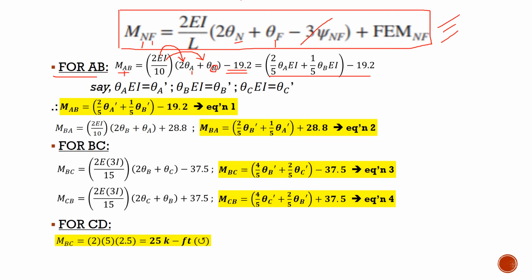To make the solution easier and avoid the clutter of EI, we let theta A EI be theta A prime, and the same with theta B EI as theta B prime, and likewise for C. This eliminates the EI. Simplifying the equation, you have this equation for AB. So moment AB is given by this equation.